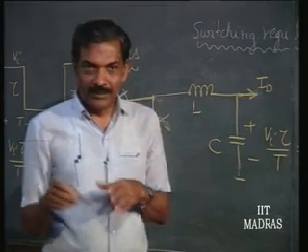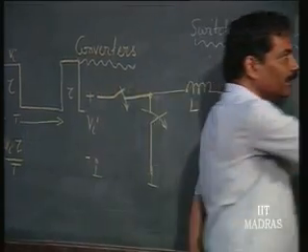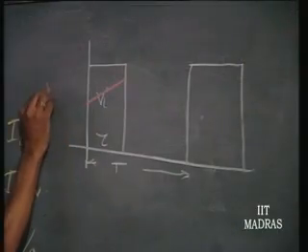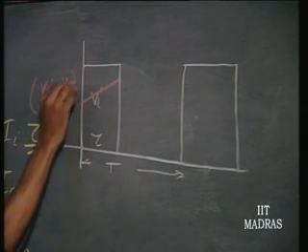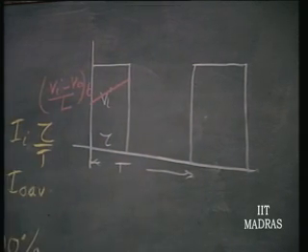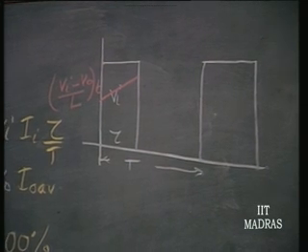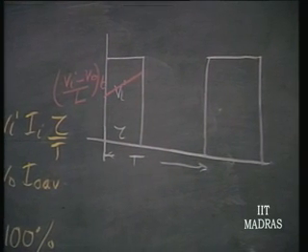V is constant, Vi minus V naught, so this is going to be (Vi minus V naught) by L into t. It is increasing linearly. Once again, this is an approximation. I have already assumed the steady state solution, that is why I am assuming V naught to be already a DC.